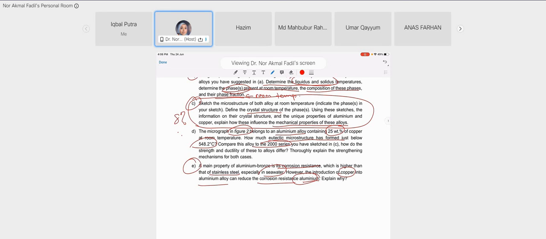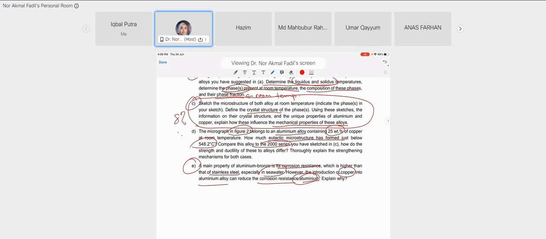Pure aluminum has less bonding as compared to aluminum bonded with foreign atoms, such as copper. So with the strong bonding between the atoms, the ability to form a passive layer is less. Basically it's related to the atomic bonding strength, the bond strength between the atoms.